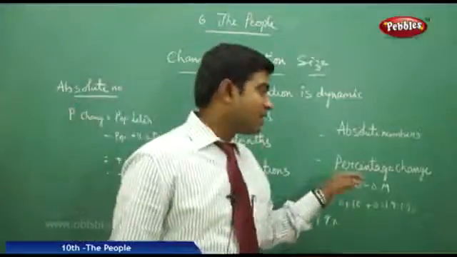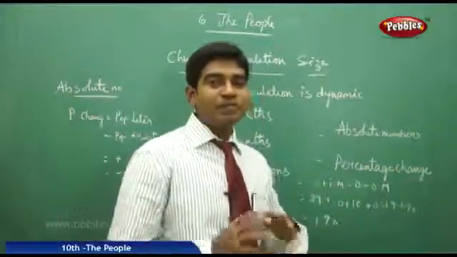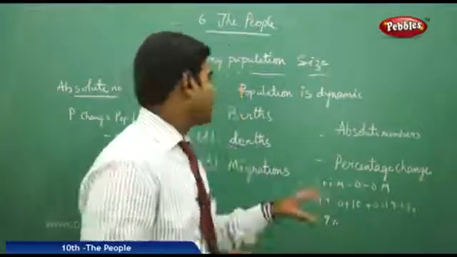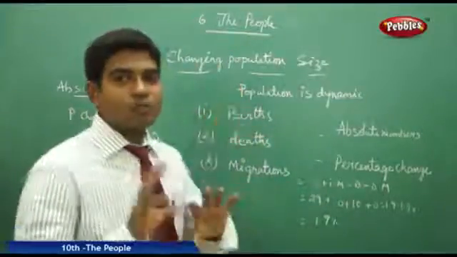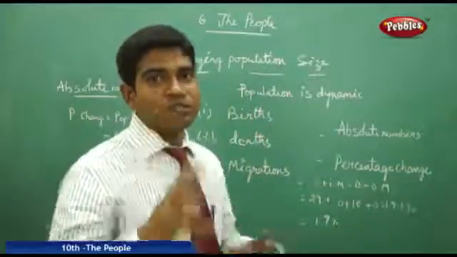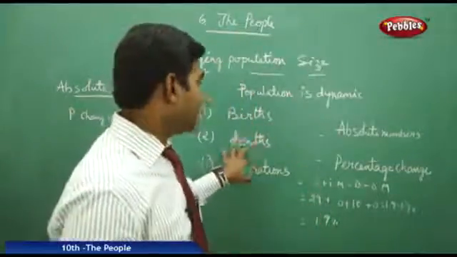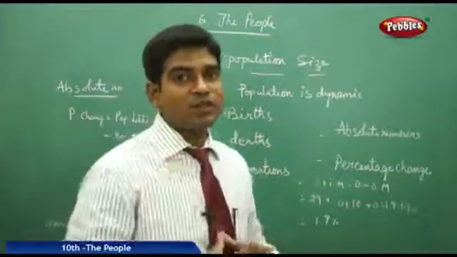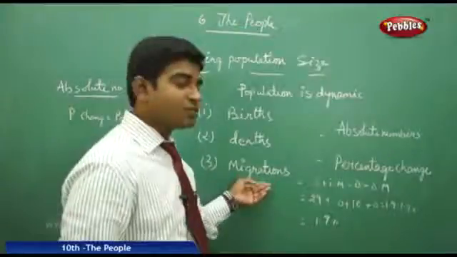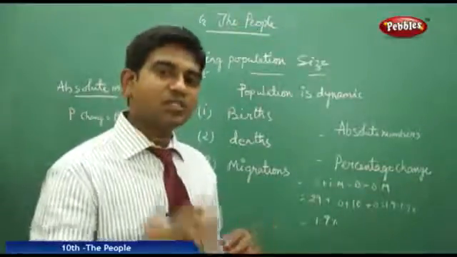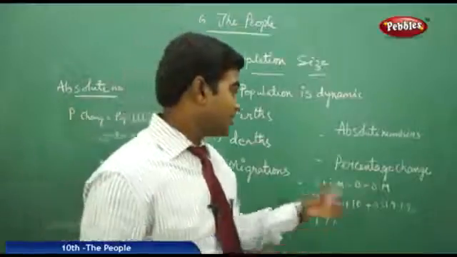The other type we have is percentage change. Based on the analysis of every year, you can get the percentage change. For example, the number of births, the number of people born. Let us take an example of 29 people born for every 1000. The number of deaths, let us take it as 10. So 29 minus 10, you get 19. Then migrations, let us assume that there are no in-migrations or out-migrations, so let us take it as 0.